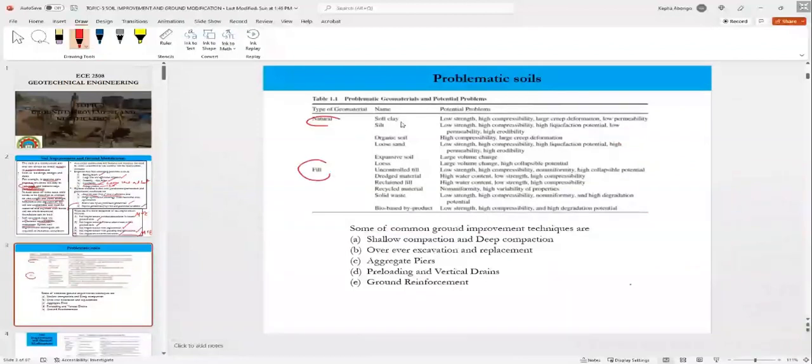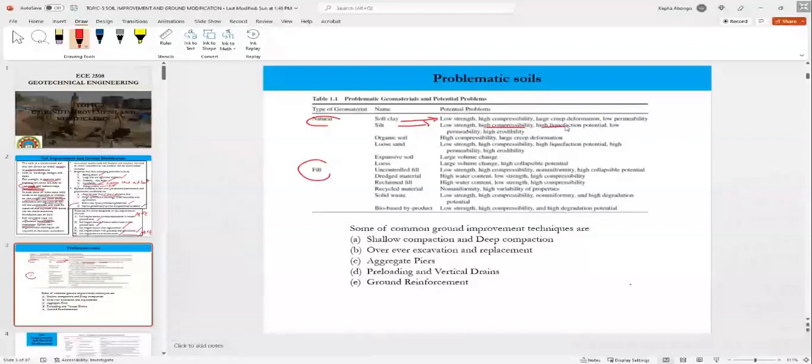Natural soils such as soft clay. Soft clay have very low strength, very high compressibility, and low permeability. Silty soil have very low strength, high compressibility, and high liquefaction potential.